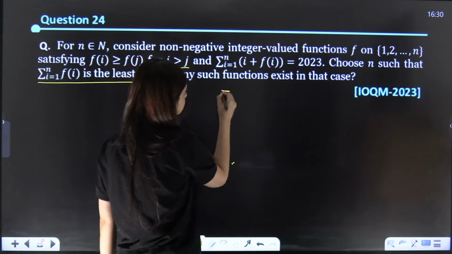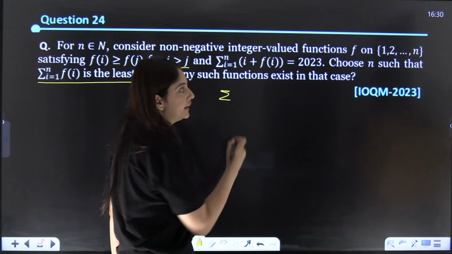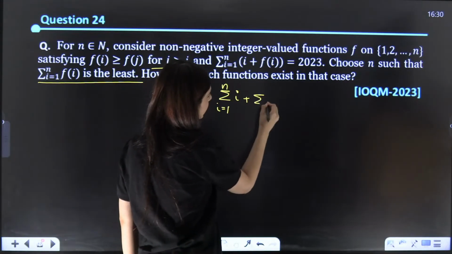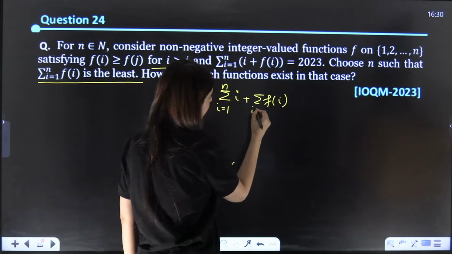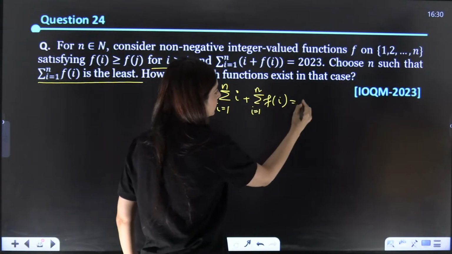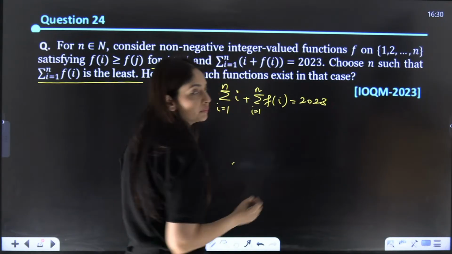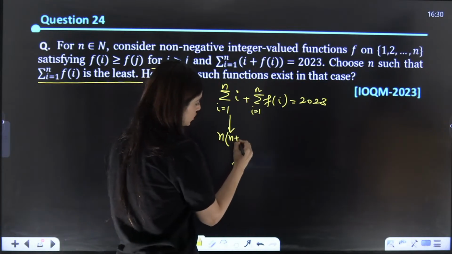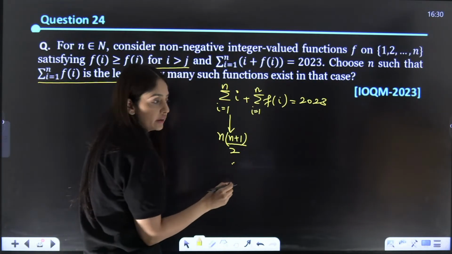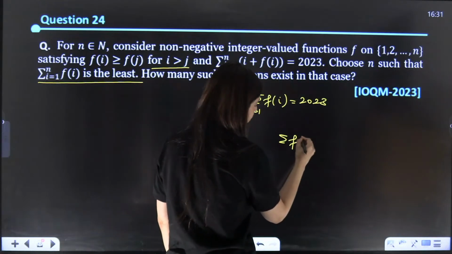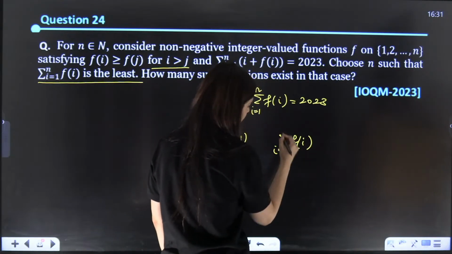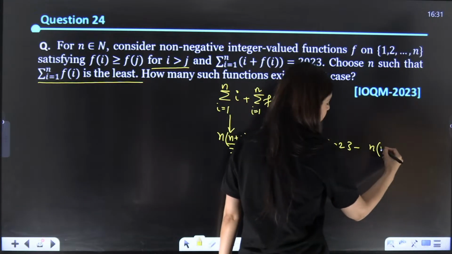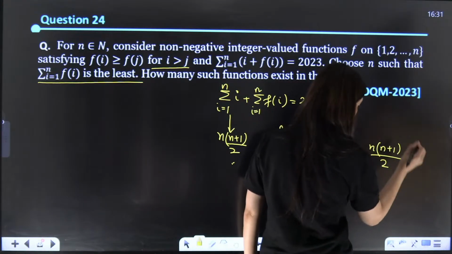Now, let's just first find the value of n. So, we have sigma i from 1 to n of i plus sigma f(i) going from 1 to n. This is 2023. This we know is n(n+1)/2, which means sigma f(i) going from 1 to n is 2023 minus n(n+1)/2.